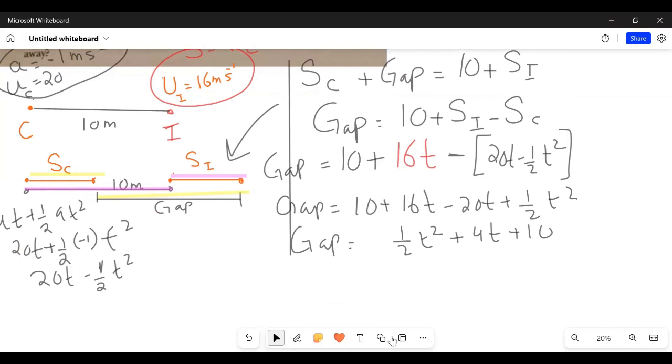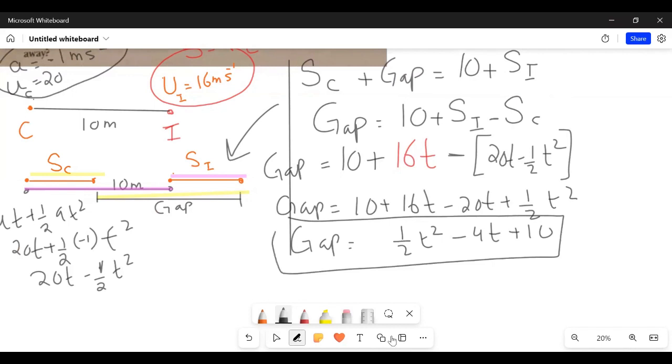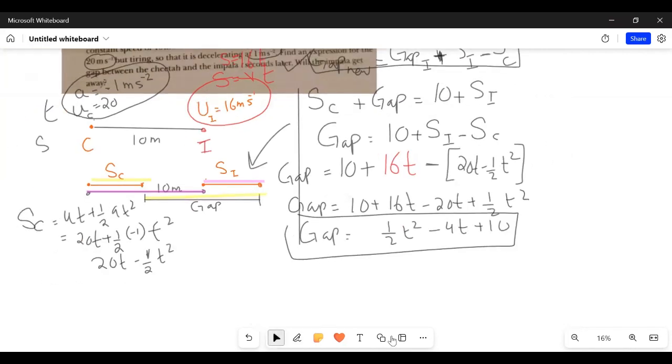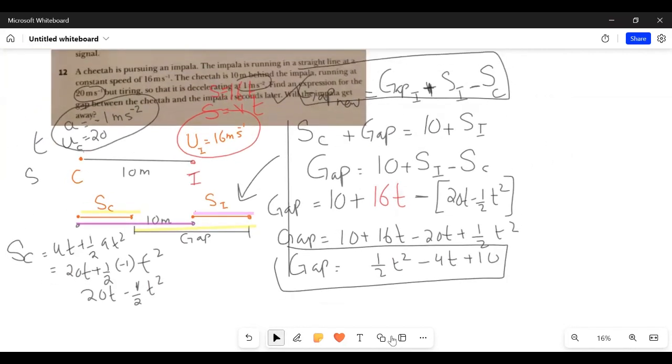Sorry, it's supposed to be minus 4t, not plus 4t. Okay. So this was what was required in the first part of the question: find the expression for the gap between the cheetah and impala at time t.